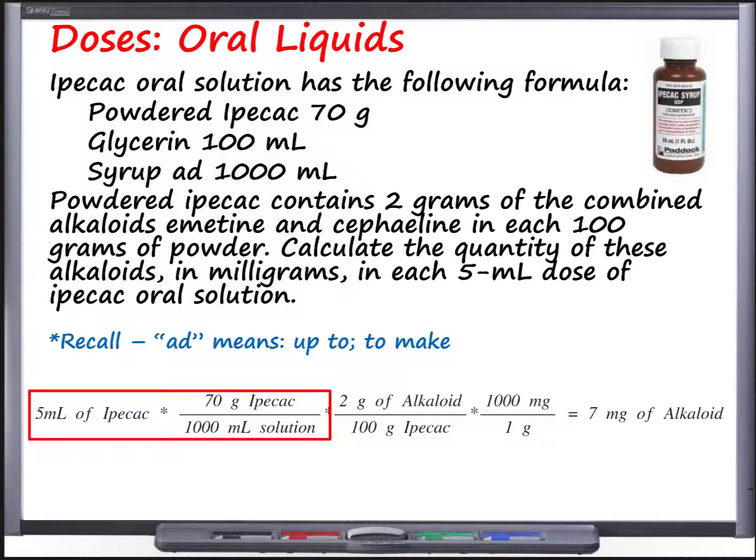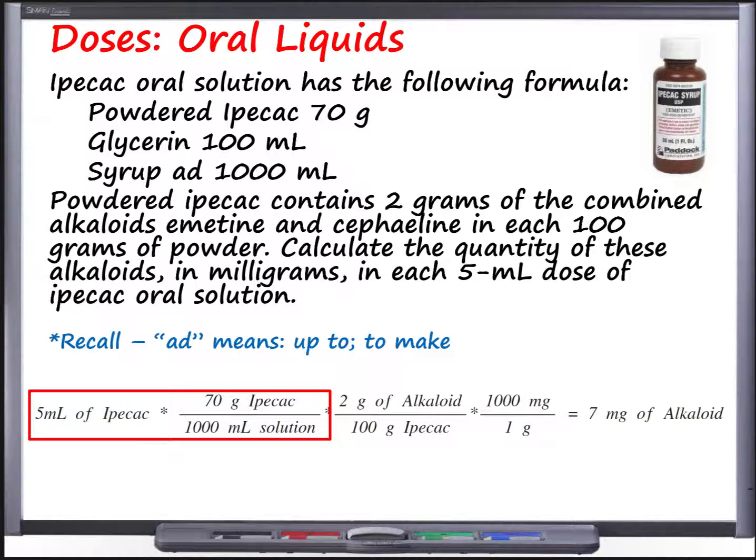So we start with the 5 milliliters of Ipecac and multiply it by the fact that we know from the formula that we have 70 grams of this Ipecac powder for every total 1,000 milliliters of solution. So our concentration is essentially 70 grams of Ipecac per 1,000 milliliters of solution.